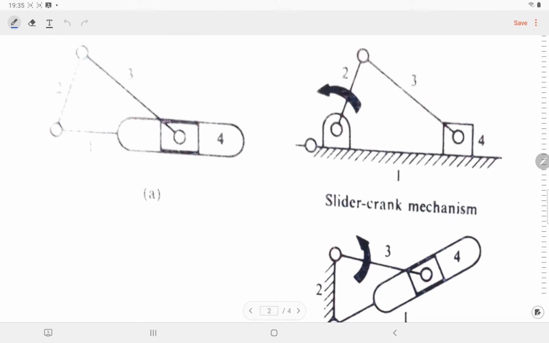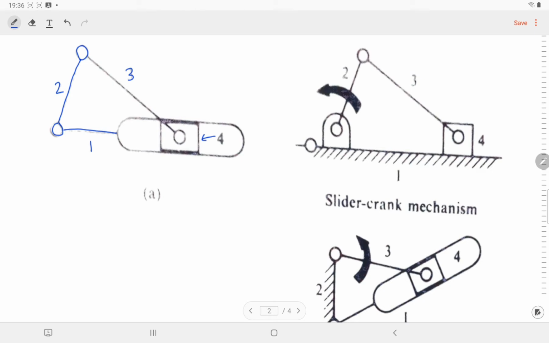Okay, so this is link 1, this is link 2, and that's link 3. And this is link 4.